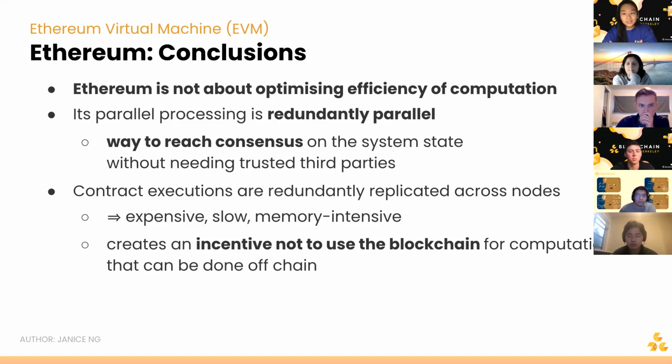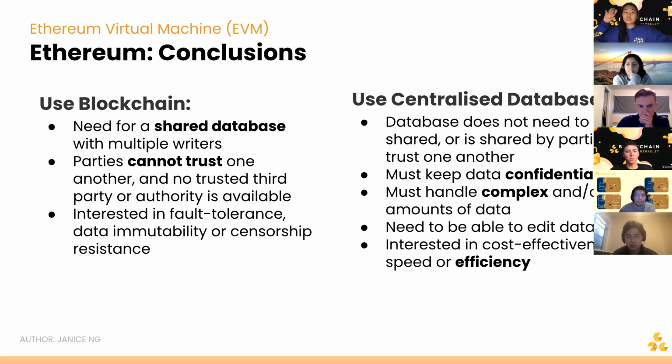The execution is very expensive, memory intensive and slow, so it is not supposed to be efficient. You have to know that. It's supposed to be a way for us to reach consensus among all parties and have a trustworthy output of the code.